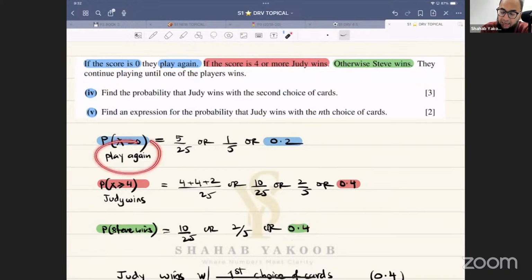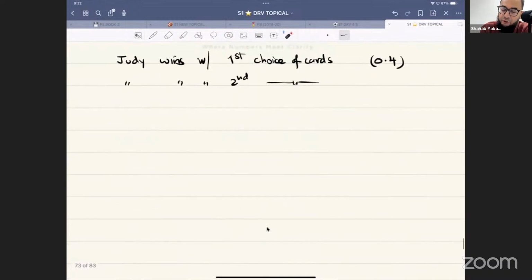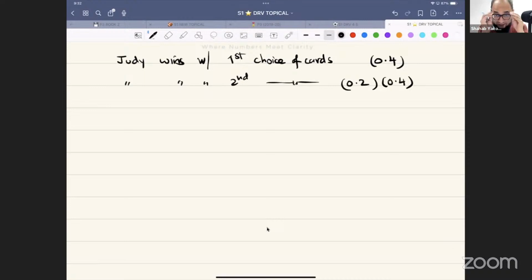Either they play again and then Judy wins. So now the pattern is 0.2 into 0.4. This is not exactly geometric distribution. This is similar to that. Continue the pattern. Judy wins with the third choice of cards. That is 0.2 into 0.2 into 0.4.